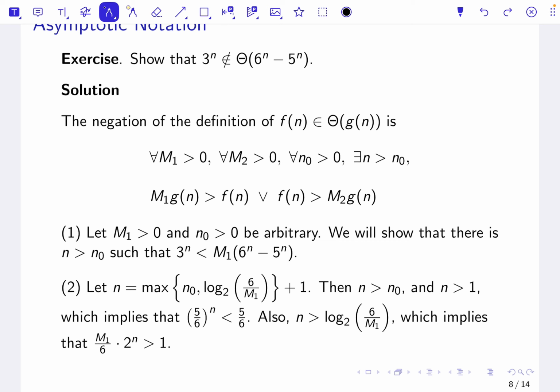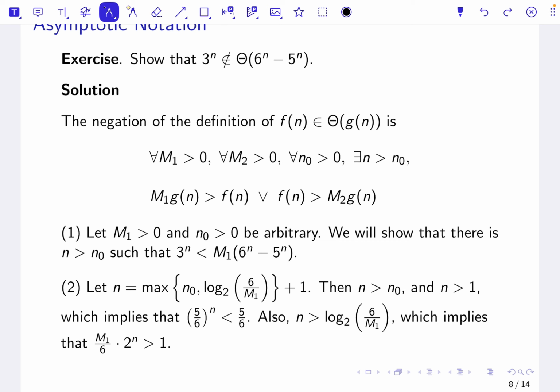In this case, we have 6 to the power of n here and 3 to the power of n here. Since 6 is greater than 3, this one's going to grow way faster. So we're most likely going to use this inequality.